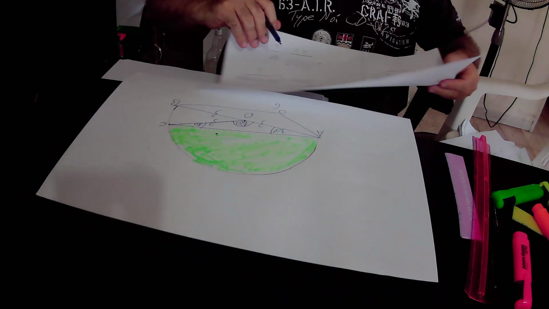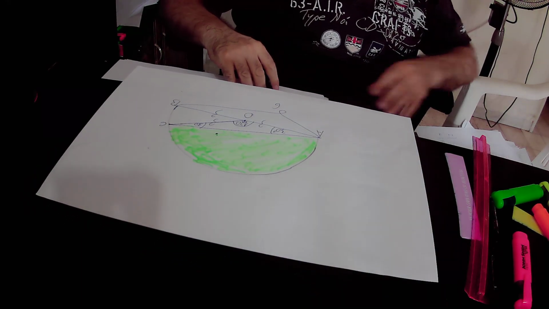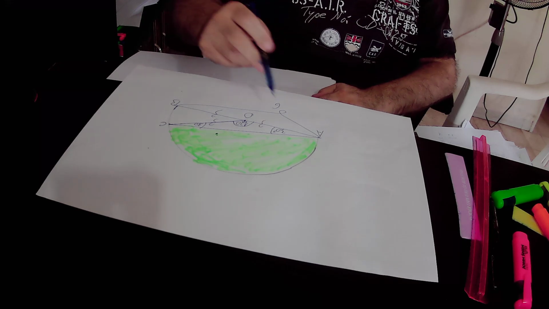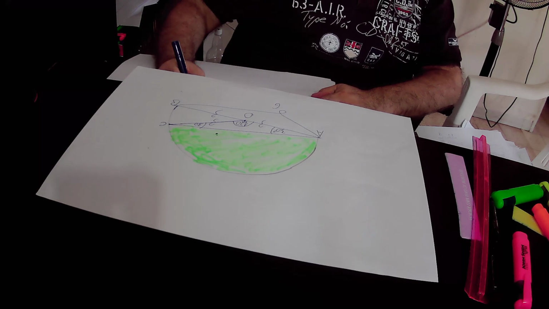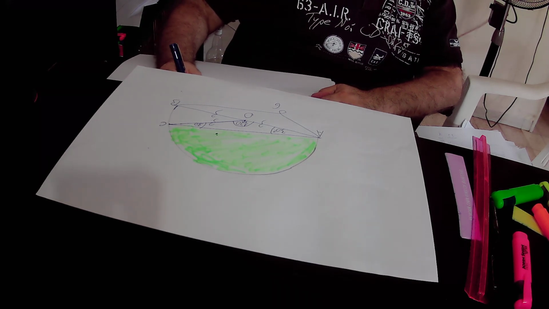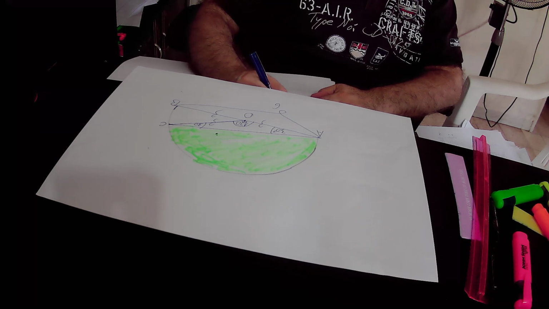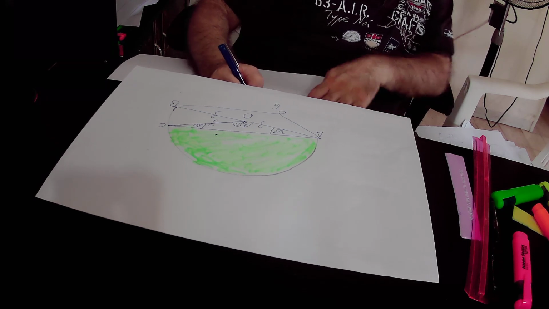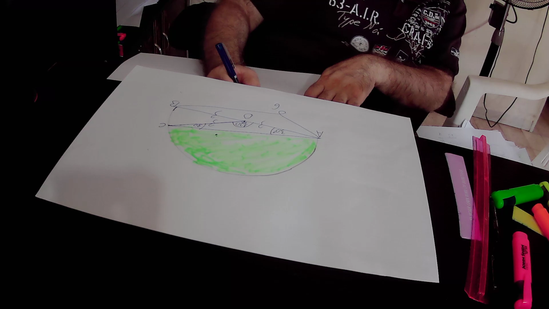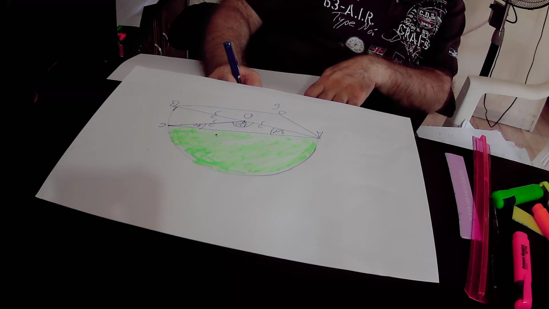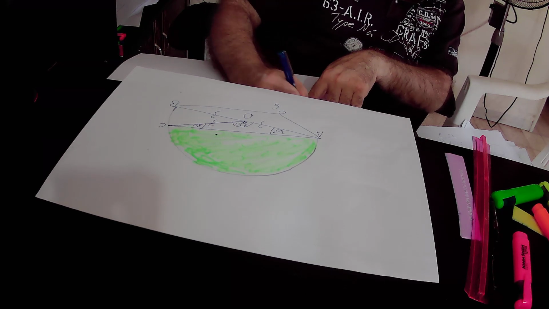So I write it down. We found out that the area of this triangle AOC equals 9 times square root of 3 over 4 square units.